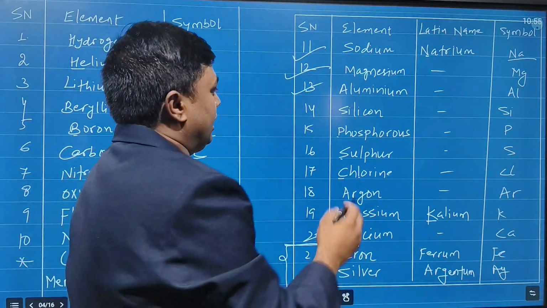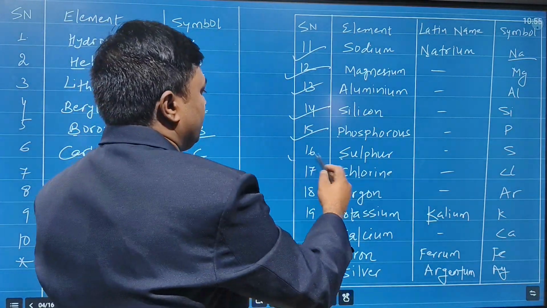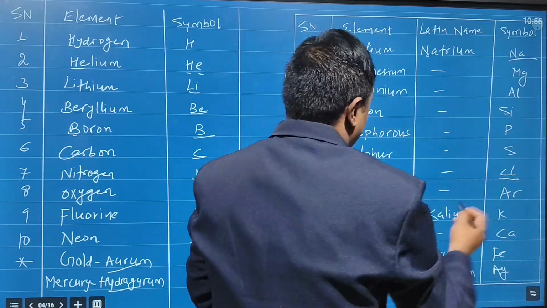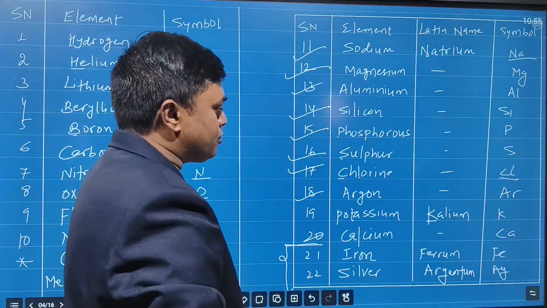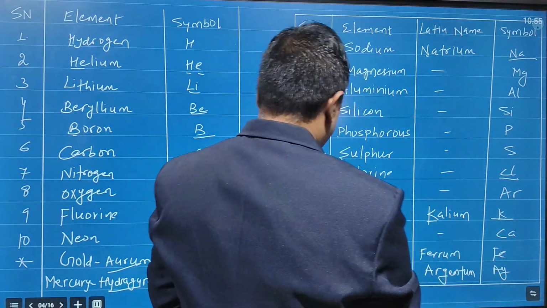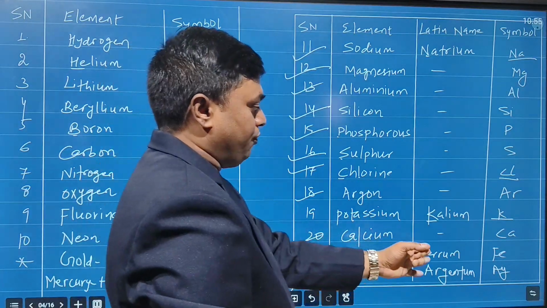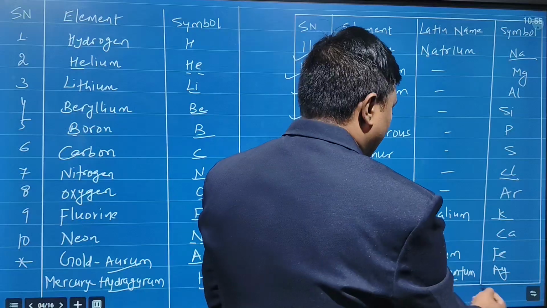Aluminium, Al. Silicon, Si. Phosphorus, just P. Sulfur, S. Chlorine, Cl. Argon, Ar. Potassium, Latin name is kalium, so just K. Calcium, Ca. Iron, ferrum is the Latin name, so Fe. Silver, argentum is the Latin name, so Ag.